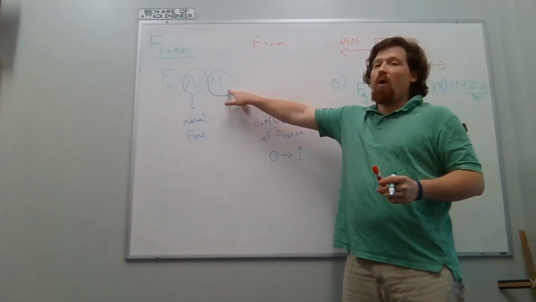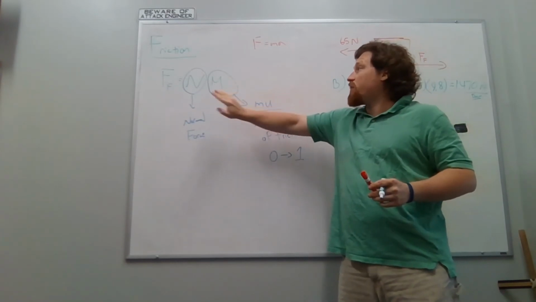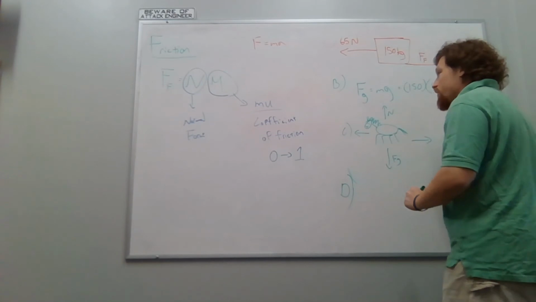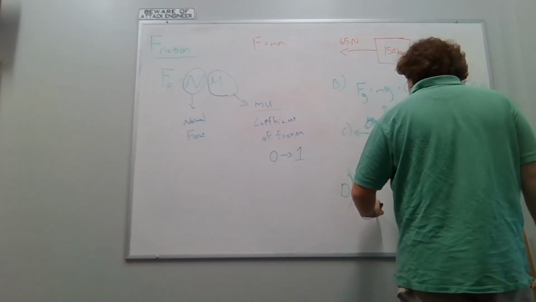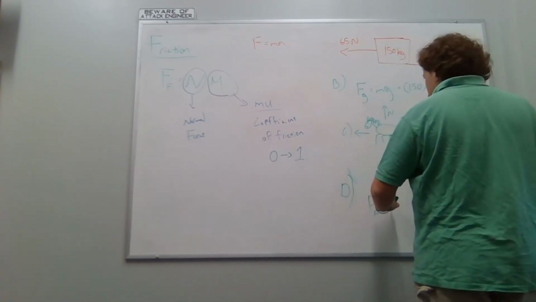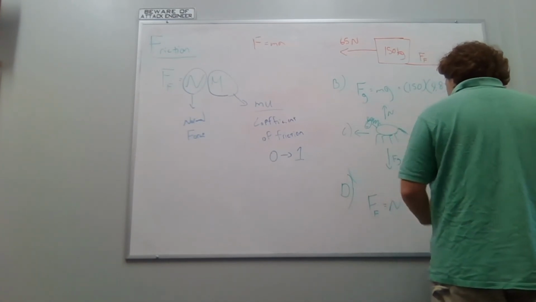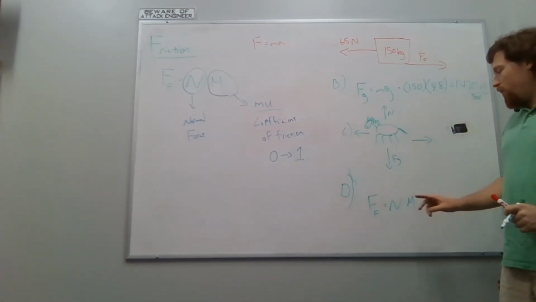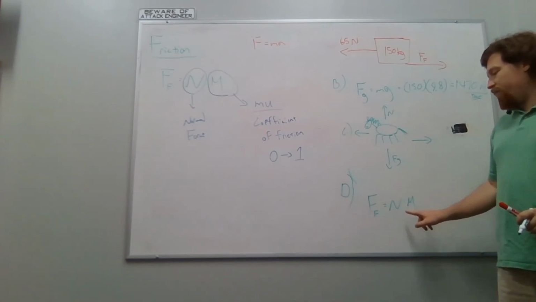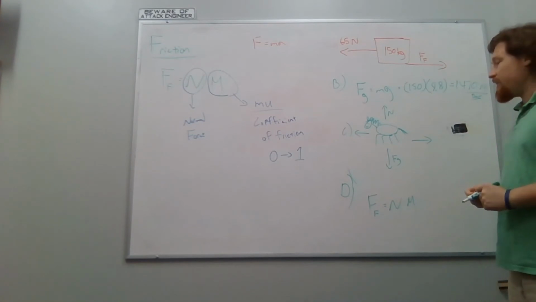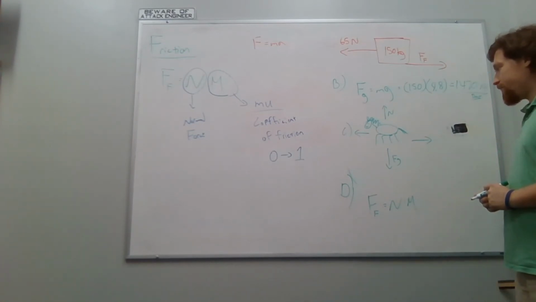And we only know one formula with mu in it, so this needs to be the formula we're solving for. We know this is the formula that we are about to look at. Force of friction is equal to N, normal force, times mu. So we want mu. That means we need to find a normal force and a force of friction to plug into this formula.